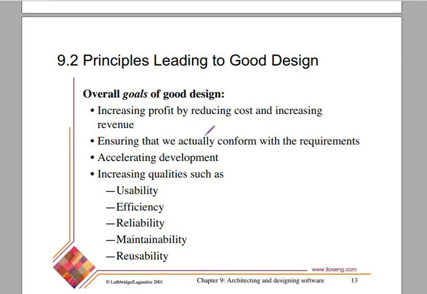However, there are a number of ways to reduce cost and also different ways to increase the revenue generated by software. These are all part of design. Also, you need to ensure that we actually conform to the requirements. Thus, we have to solve the customer's problem. We should not go beyond that. After that, we need to accelerate development.